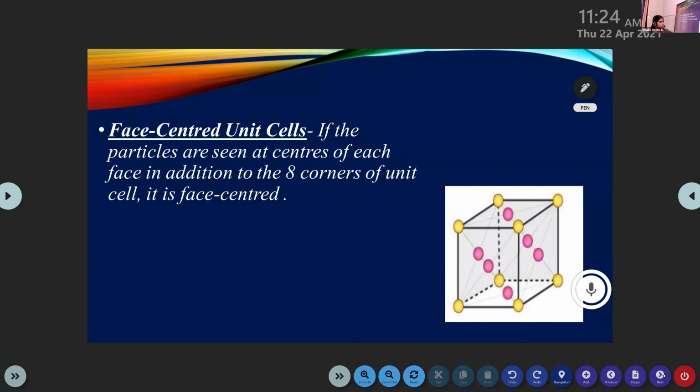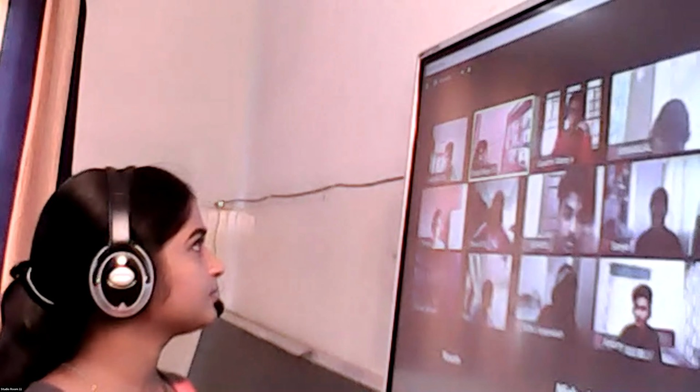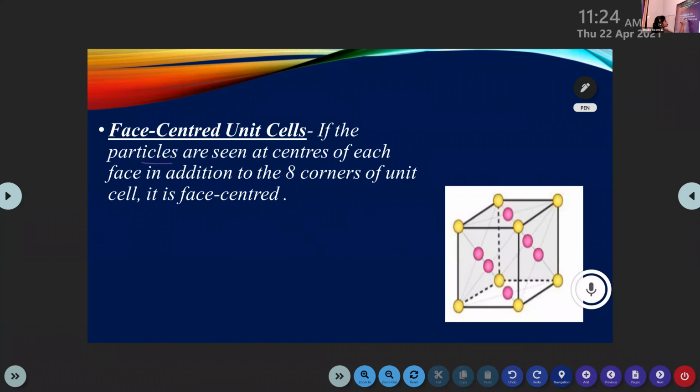That is face-centered unit cell. Before that, tell me how many faces are there for a cube? Six, right? Yes, 6 faces are there for a cube. So it's in the name itself, face-centered unit cell. Here the particles are seen at the centers of each face in addition to 8 corners.